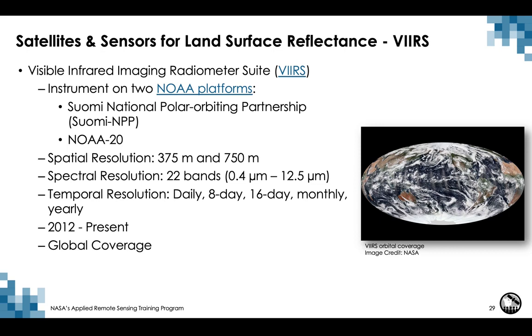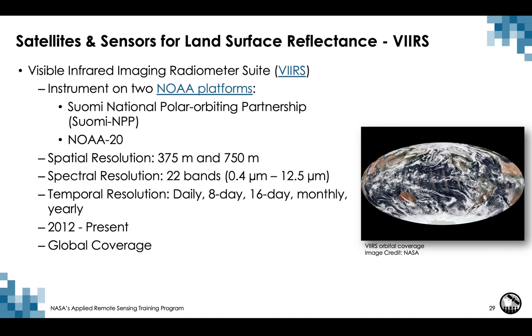The instrument was designed in part to provide continuity with the MODIS instrument and has many of the same characteristics for land monitoring. The Suomi NPP mission, shared by NASA and NOAA, is a bridging mission to the Joint Polar Satellite System, or JPSS, VIIRS instruments. NOAA-20 was launched on November 18, 2017, and is the first of 4 VIIRS instruments in the JPSS series.